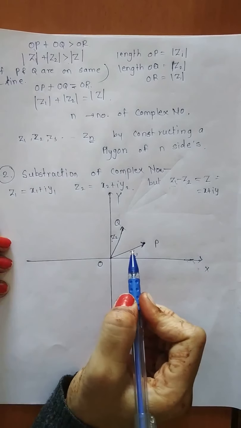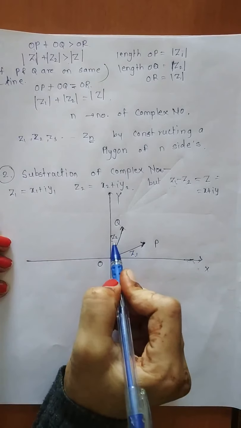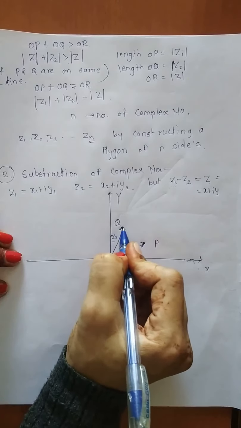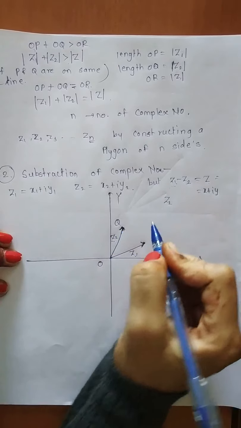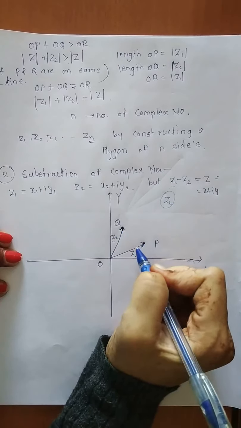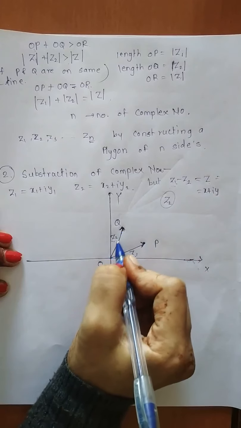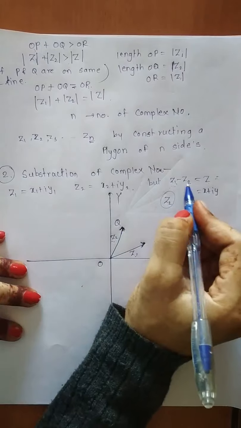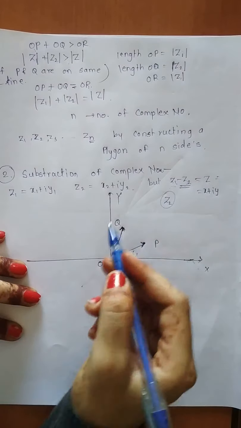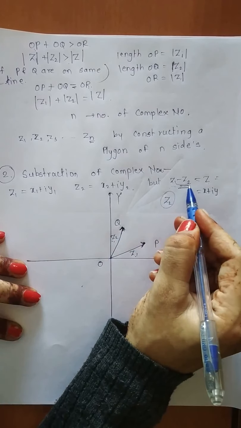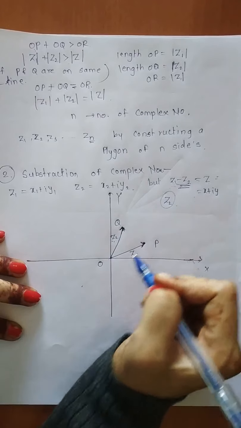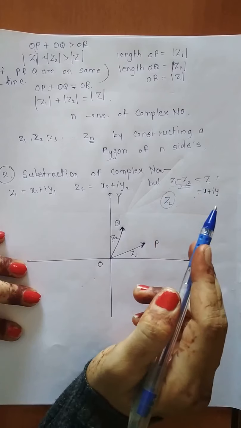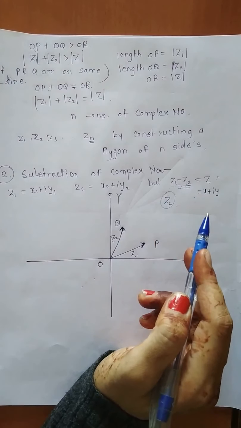Now by vector geometry, if this is Z2, what will be minus Z2? A negative vector. Means if we have Z2 and we have to find minus Z2 on the Argand diagram, it will be exactly in the opposite direction to Z2. So to find Z1 minus Z2, first we will construct minus Z2 and then we will add Z1 and minus Z2.